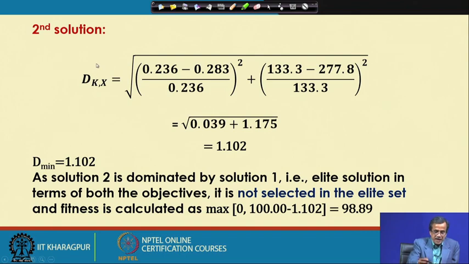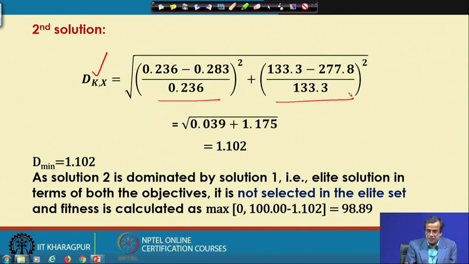Here, k indicates the non-dominated solution and x is nothing but the second solution, for which I am going to take the decision whether it will enter the non-dominated set or not. Now, in terms of f1 and in terms of f2, I am just going to find out the Euclidean distance.